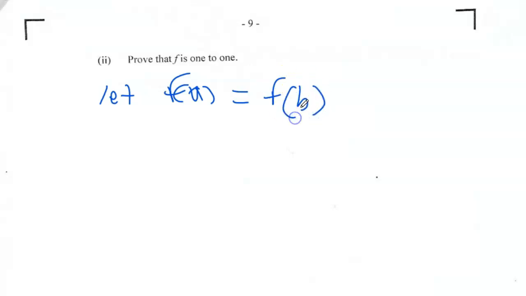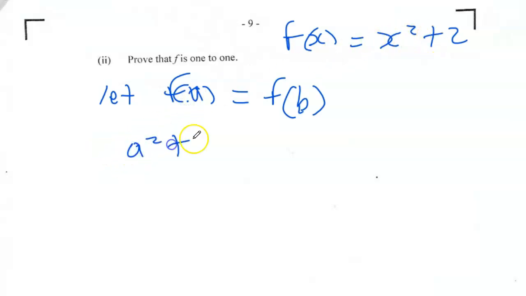Next we're asked to prove that f is one-to-one or injective. We can let f of a equal f of b, and if it's injective, then a should be equal to b. Let's remind ourselves that f of x was x squared plus 2, so f of a is a squared plus 2, and f of b is b squared plus 2.